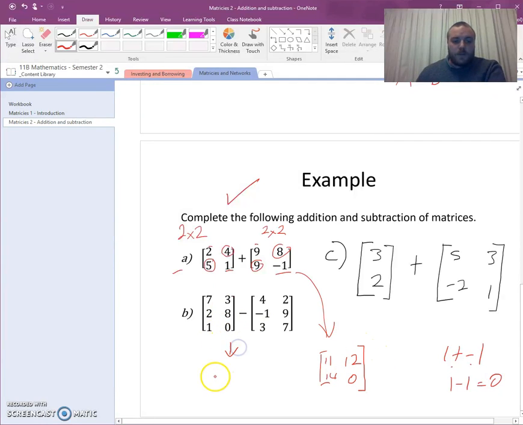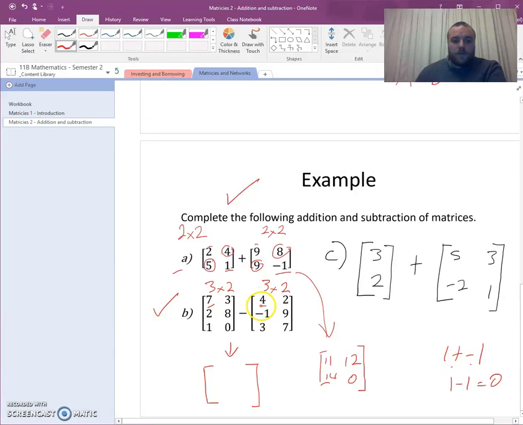All right, subtraction. Again, this is a 3 row by 2 column matrix, and this is 3 rows by 2 columns. So again, the order is the same. We can actually subtract these. So the answer also has to be a 3 by 2.